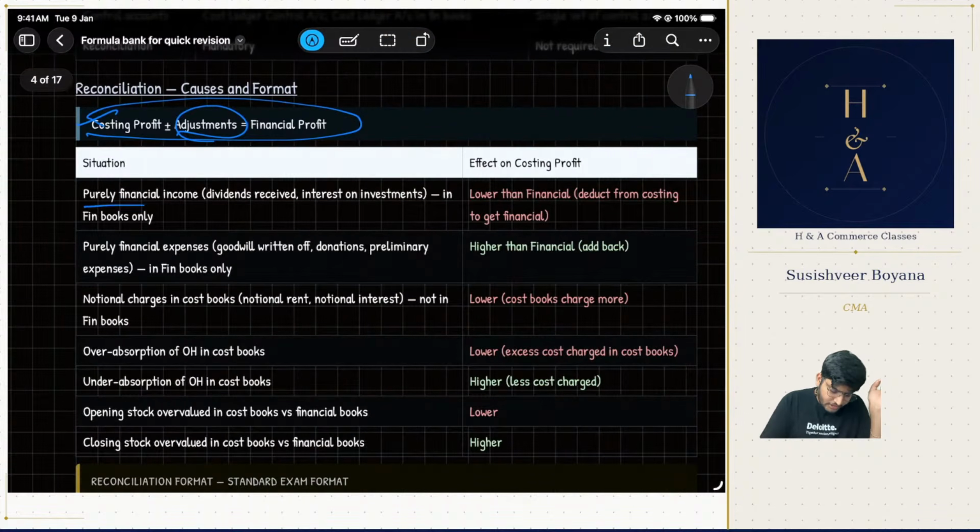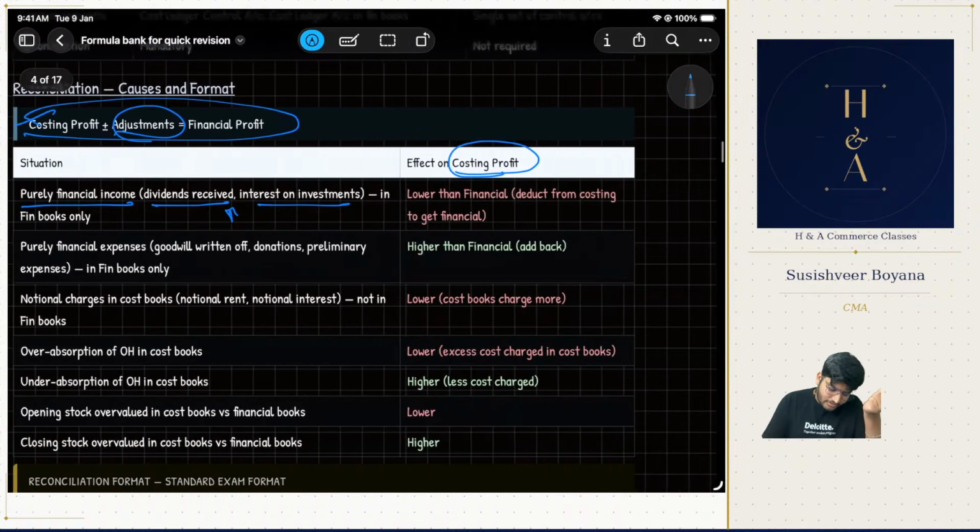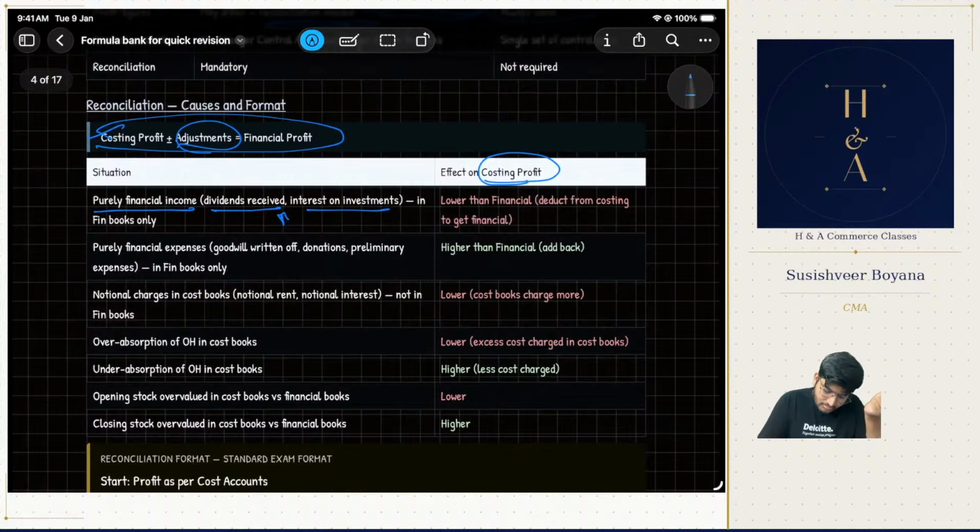In purely financial income, like interest or dividend received, do you think costing people are going to be aware of it, and adjust it in their revenues so that their profit increases? No, right? So when this is received, costing profit is always going to be less. Let us actually take figures over here and build this up. Let us take 100 rupees as the costing profit.